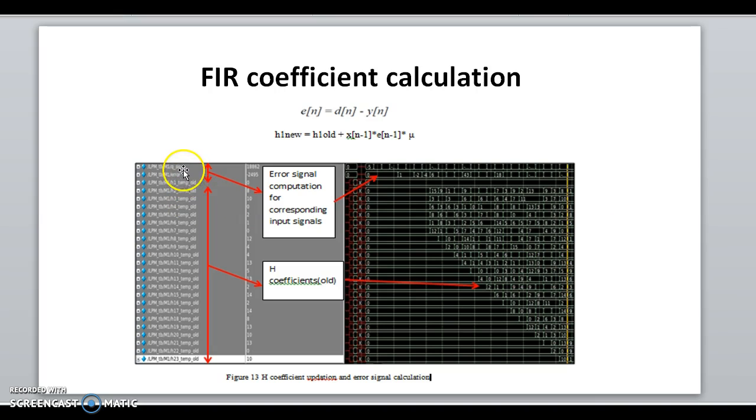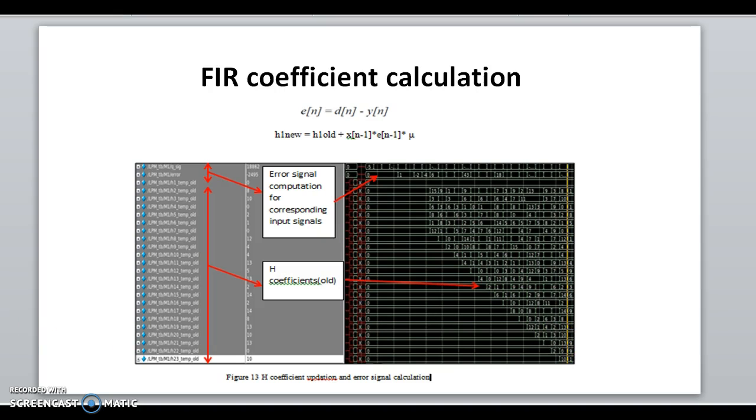This is the input signals, and this is the error, and the error signal is computed here, and also the H coefficients are modified in a pipeline fashion throughout the design.